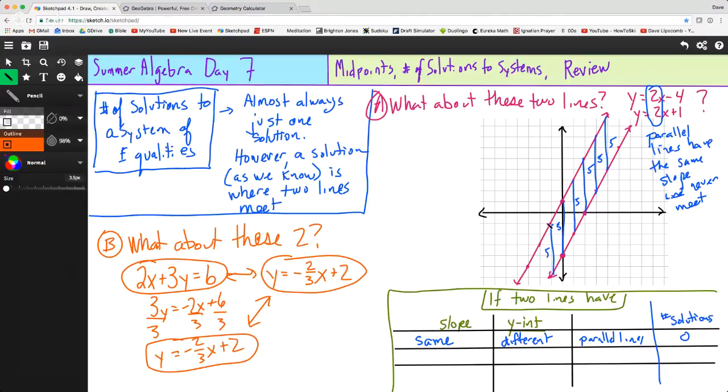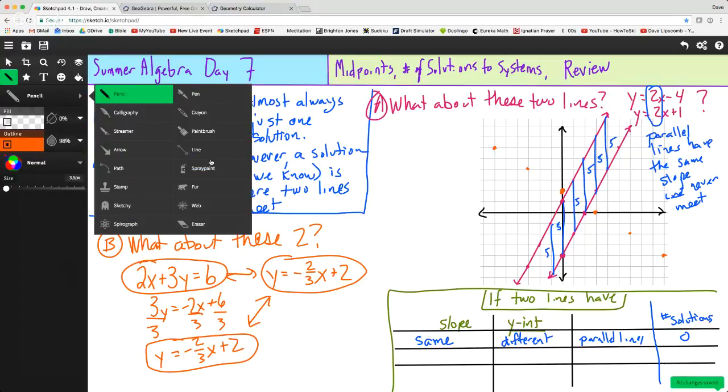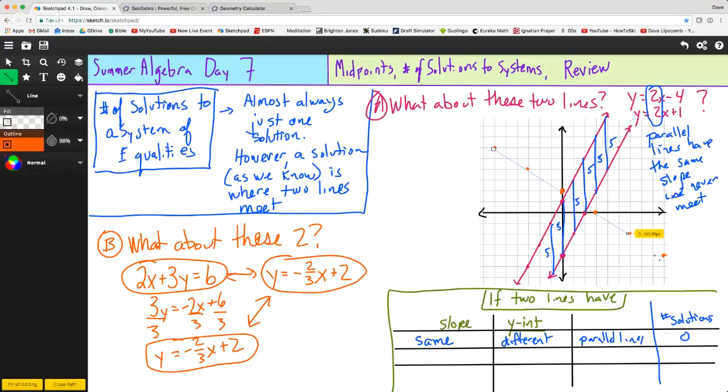So let's look at that. Plus 2, let's graph them. Plus 2, down 2 over 3, down 2 over 3, back 3 up 2, back 3 up 2. Okay, let's look at this.